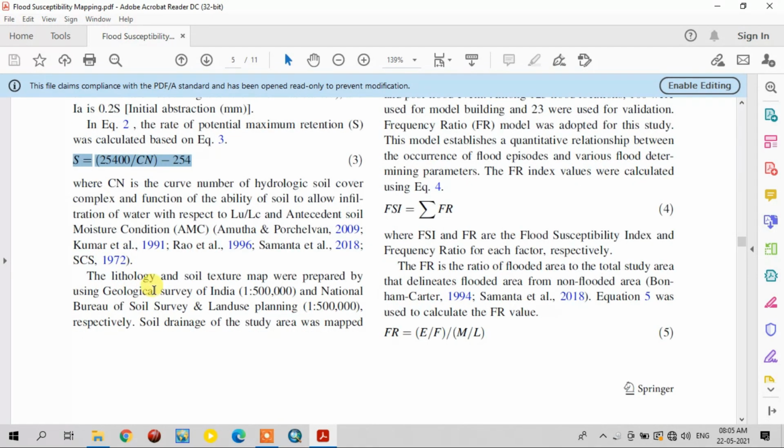Okay. The next parameter is the lithology and soil. It is visually interpreted using the Geological Survey of India and National Bureau of Soil Survey. The Geological Survey of India is for lithology, and National Bureau of Soil Survey is used for soil texture.